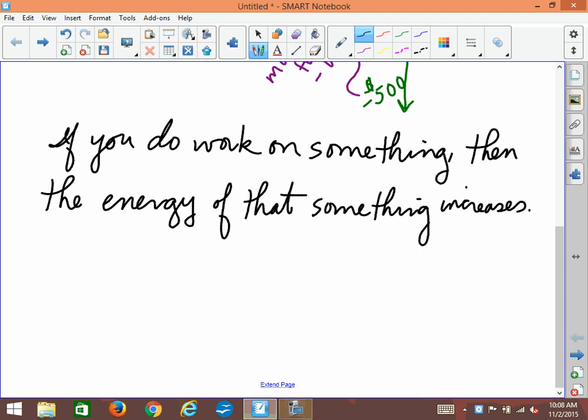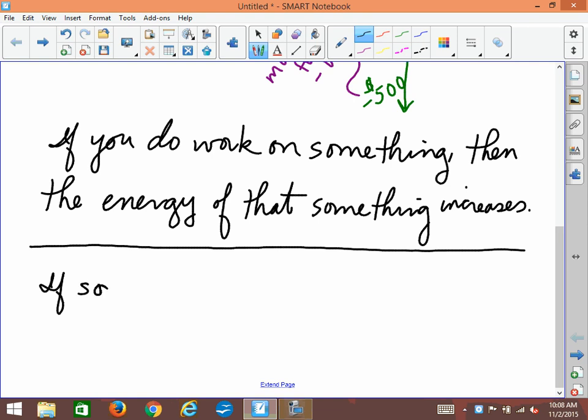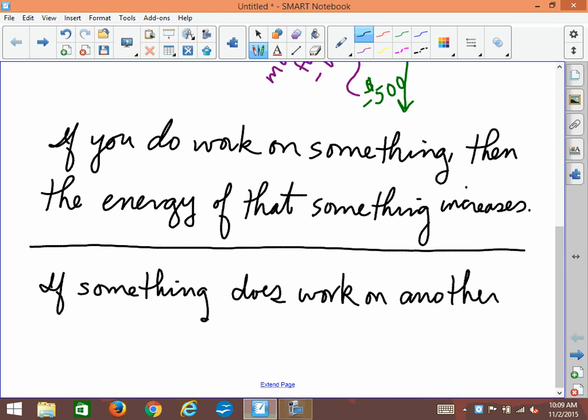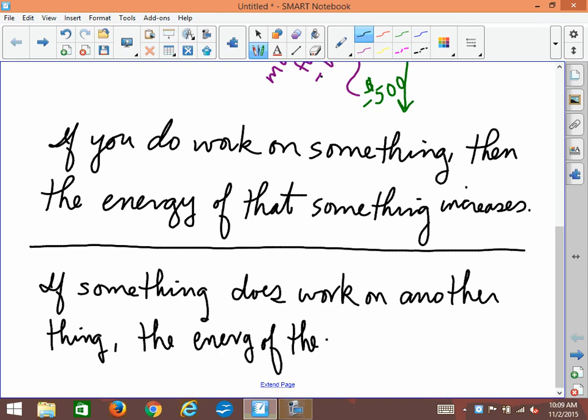And likewise, we can make the opposite statement. If something does work on something else, on another thing, then the energy of the something, the original thing, decreases.